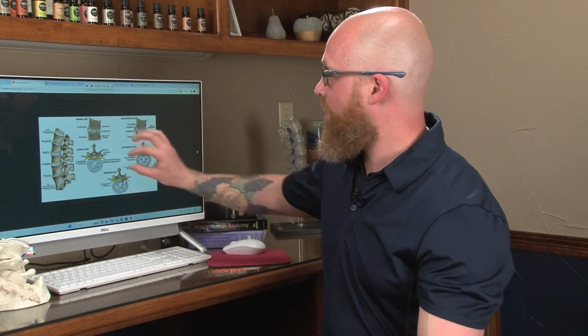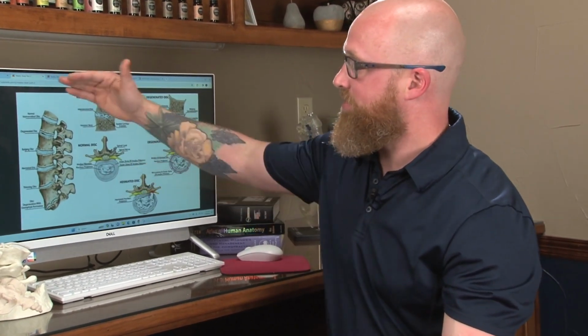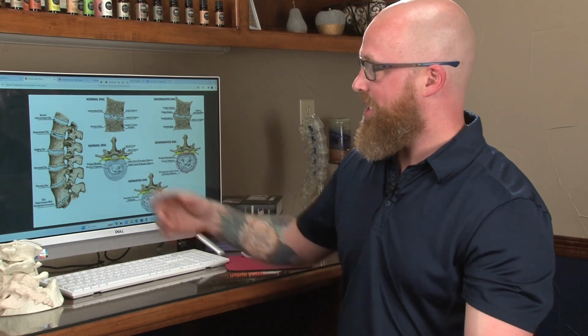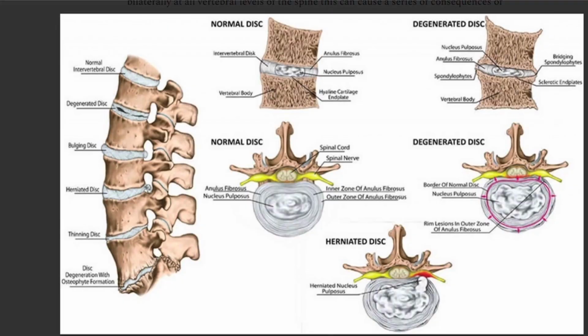All right, so as we go through this process of degeneration, what does generate mean? To make. What does regenerate mean? To remake. And so degenerate means to break down. As we are breaking down, the body's back channel is to start to fuse vertebra together where there's perceived instability.